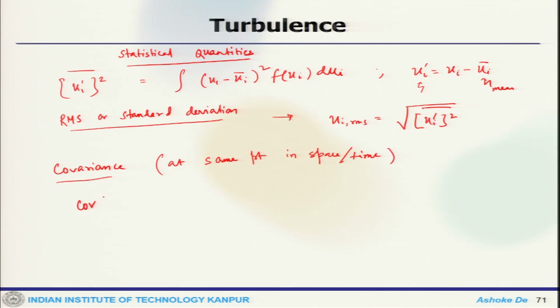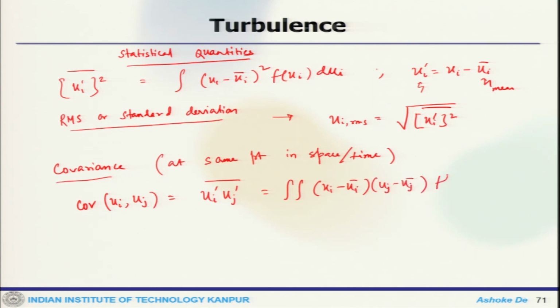So, the covariance of, let us say, u_i and u_j would be u_i prime u_j prime bar, which is nothing but the integral of (u_i minus u_i mean)(u_j minus u_j mean) f(u_i, u_j) du_i du_j.